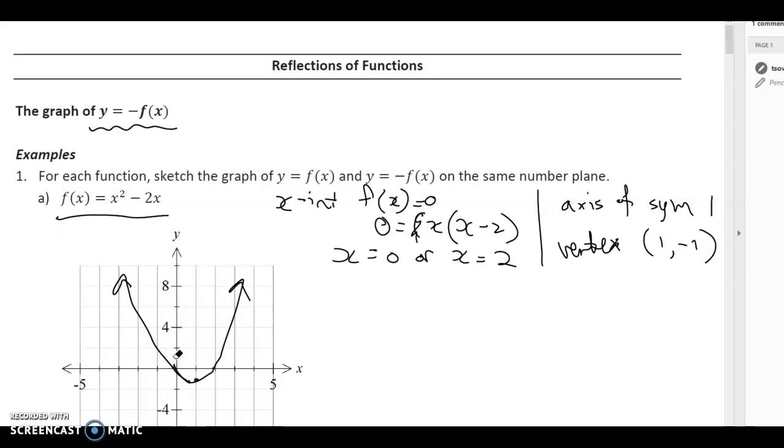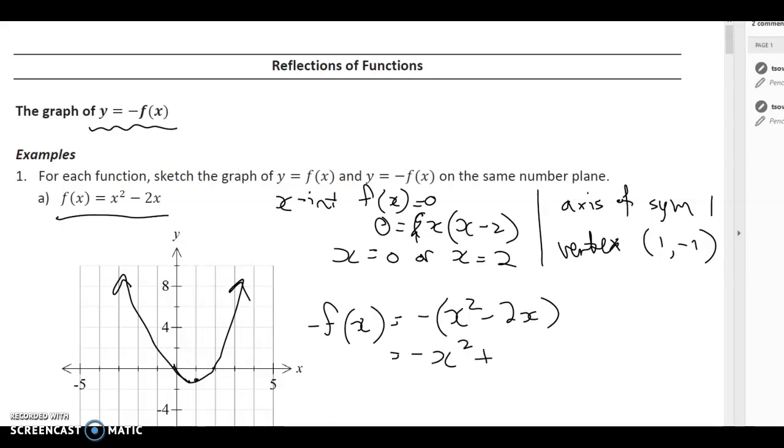Okay, so what's the other function going to look like? Minus f of x. Well, if we do the maths on that, minus f of x is going to be minus x squared minus 2x, which is equal to minus x squared plus 2x.